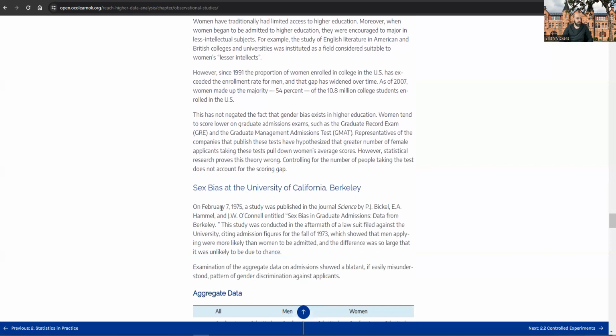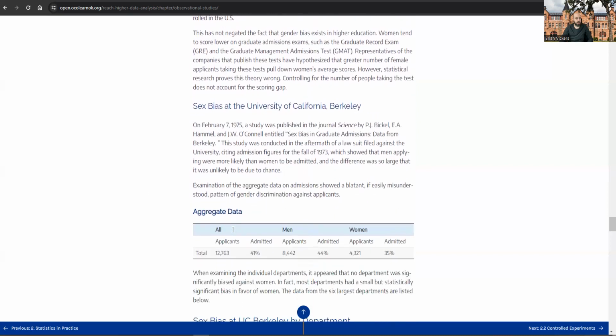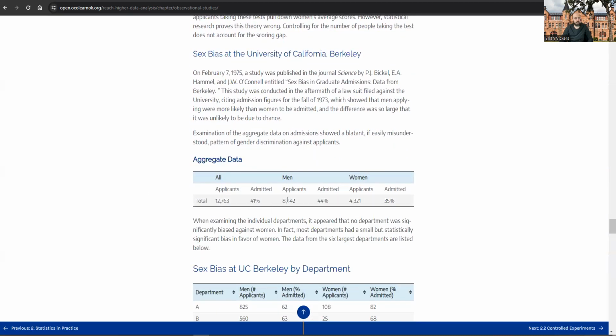So the bias they showed was that they published a paper showing that when they aggregated all the data, it looks like the admission rate for men was 44% and the admission rate for women was 35%. So pretty clear bias of not approving women applicants for this college. Blatantly biased, right? However, there's more.